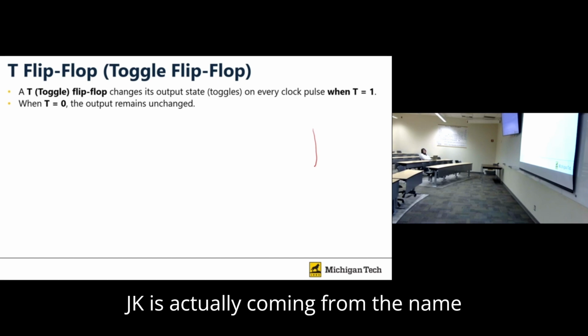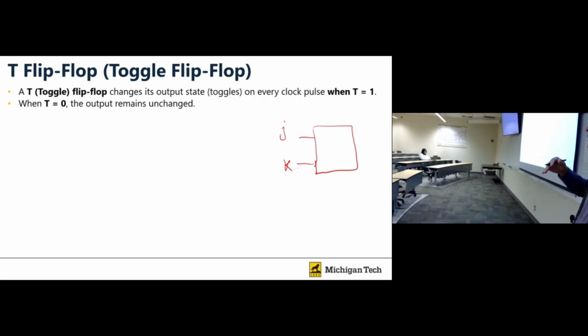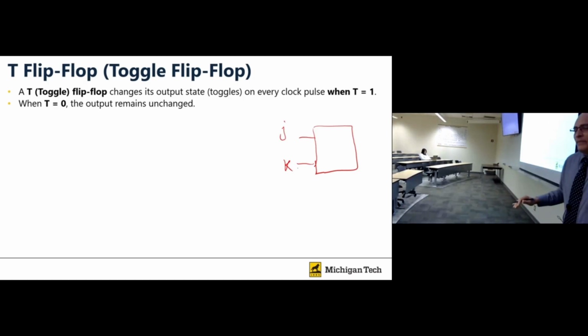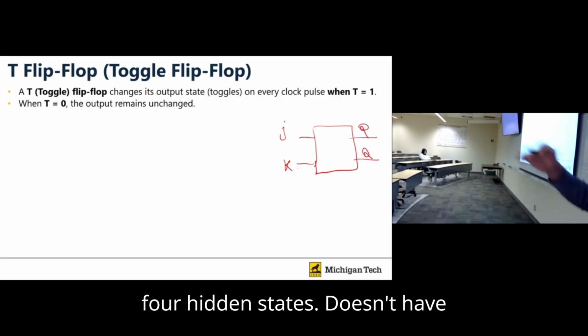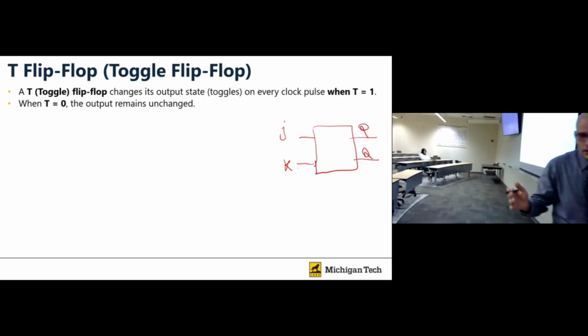JK actually comes from the name of the guy who invented it. The JK flip-flop was the last flip-flop that we introduced. It was good because it doesn't have any forbidden or invalid state.